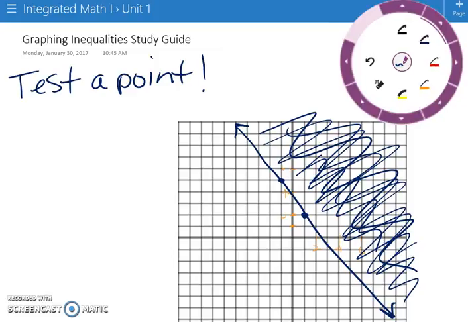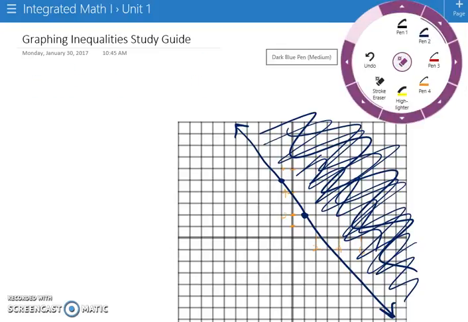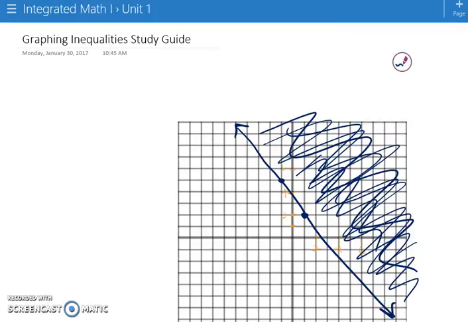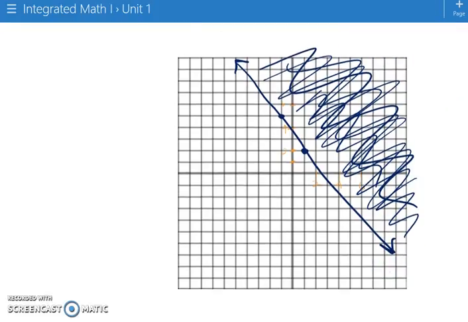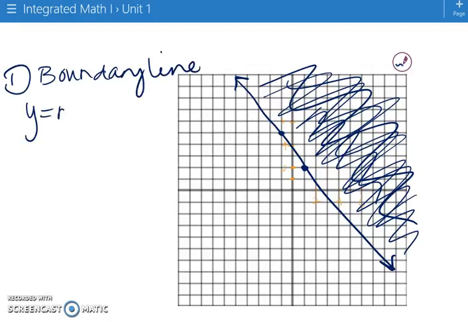Okay, so let's start with number 3. I'll do number 3, and then I want you to try number 4. The goal here is we're given the graph of an inequality, and we want to write the inequality. First things first, I need to write the equation for my boundary line. It's easiest to use y equals mx plus b, where m is the slope and b is the y-intercept.